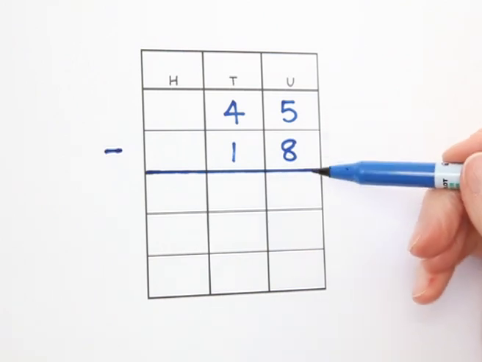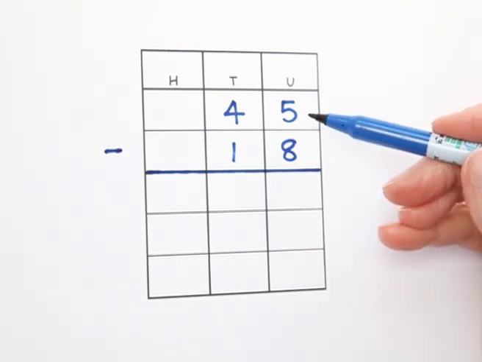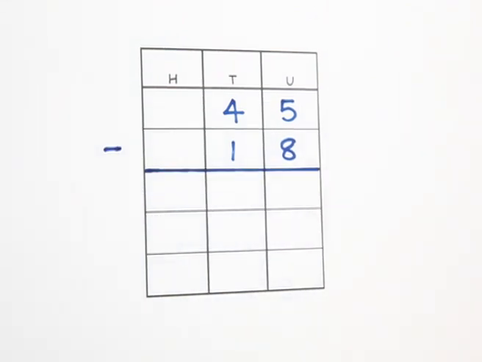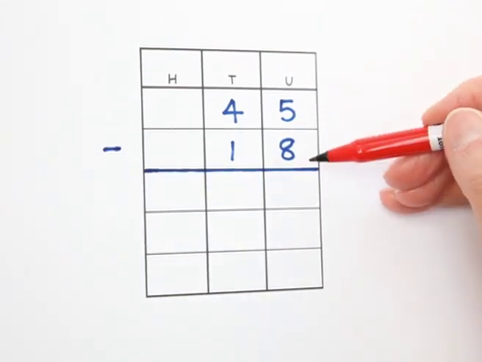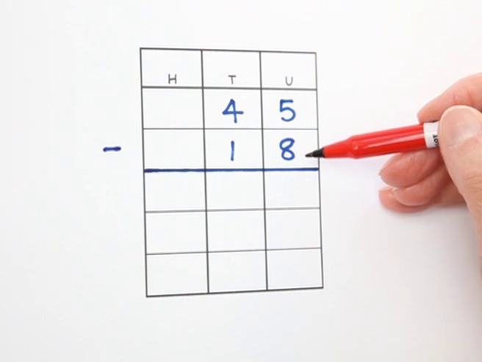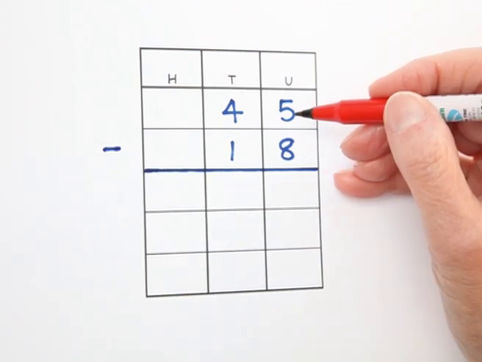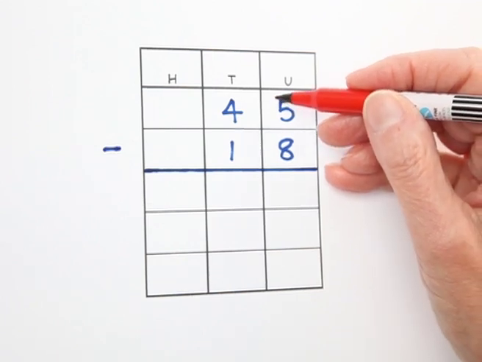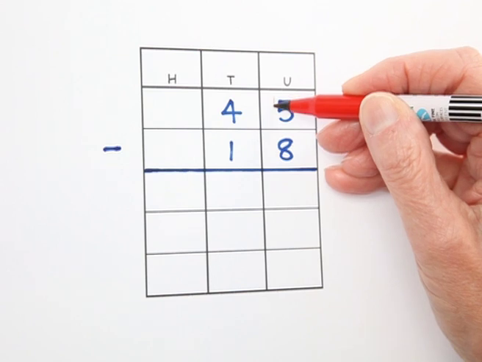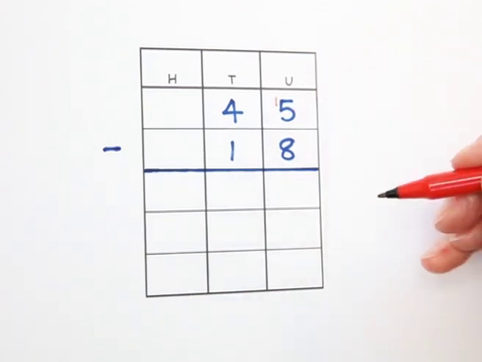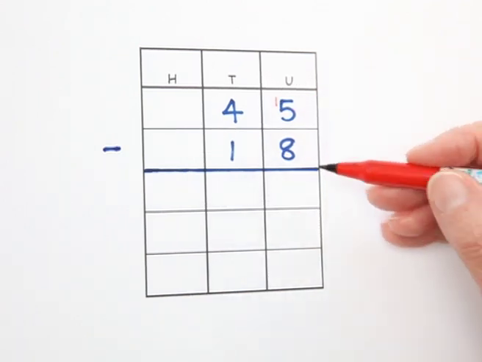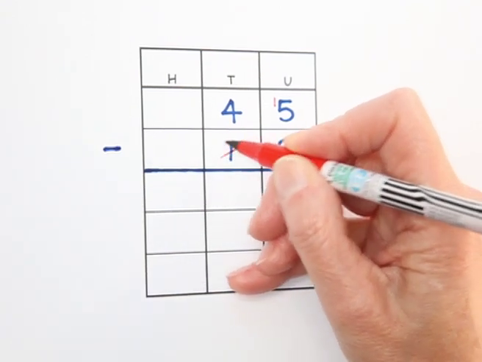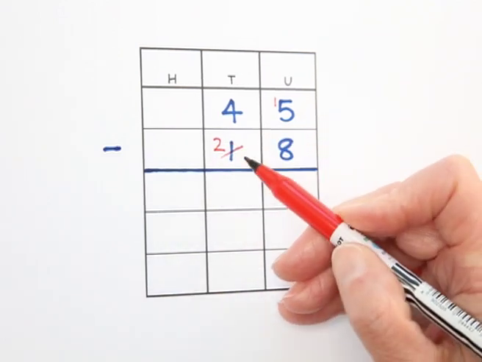45 take away 18. You still can't take 8 away from 5. In this case, you add 10 to both the numbers 45 and 18. You add 10 to the top line, 45, by putting a little 1, representing 10, beside the 5, making 15. You add 10 to the bottom line, 18, by changing the 1 to a 2, making that number 28.